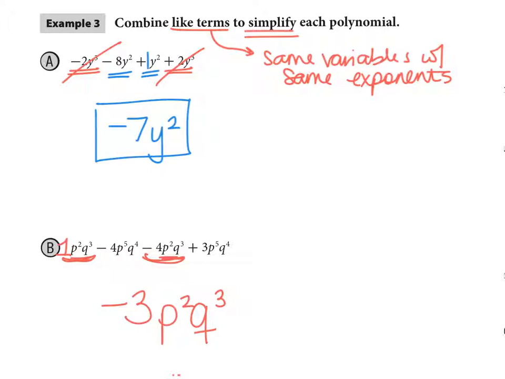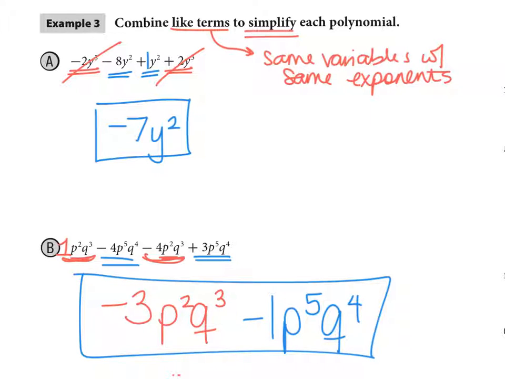And then I'm going to consider my next set. I have p to the fifth, q to the fourth. So I need another p to the fifth, q to the fourth, which I have. So I can combine these two. Negative 4 plus 3 is negative 1. P to the fifth, q to the fourth.